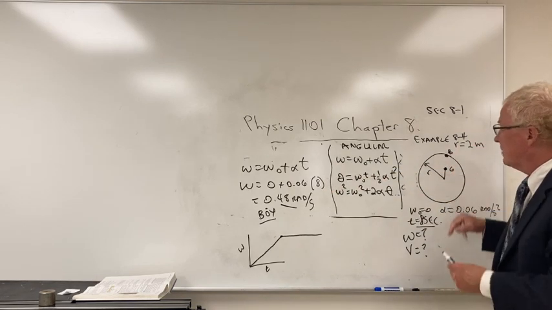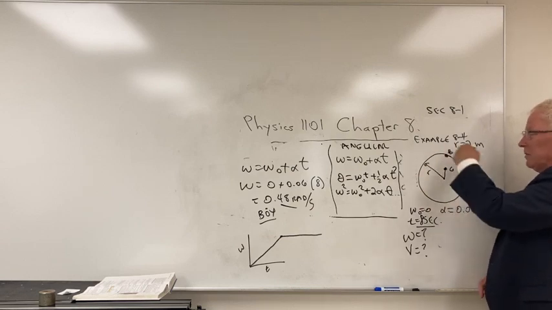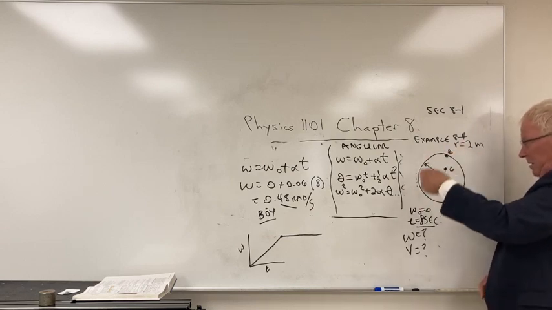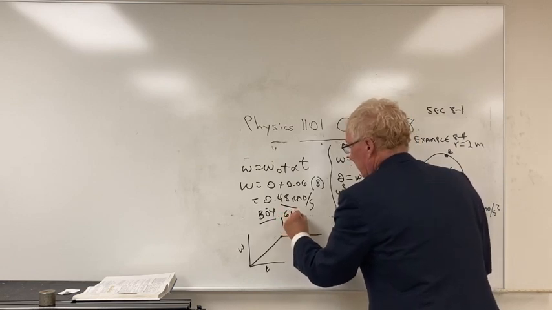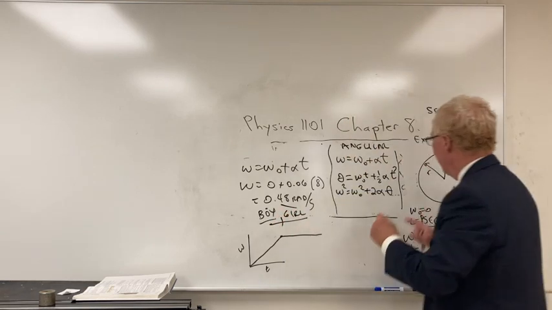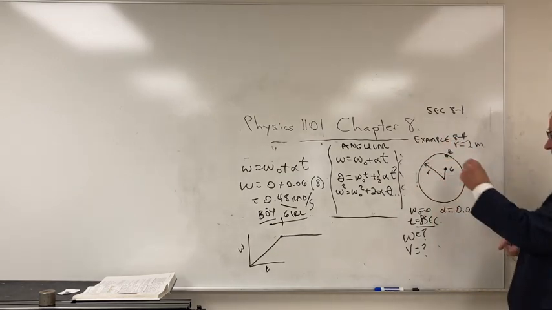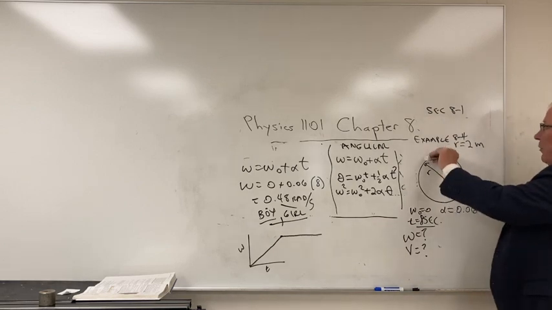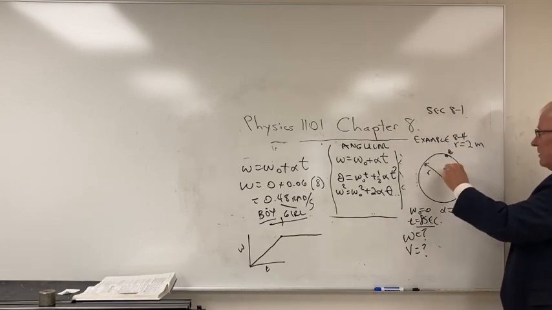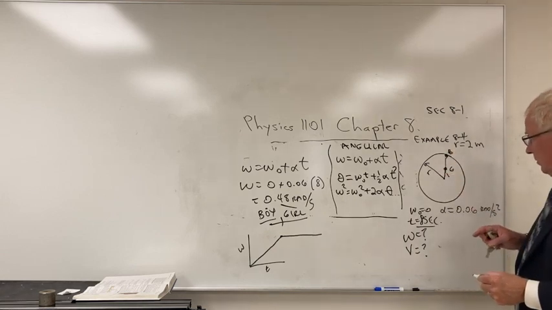This is only how fast it's rotating in degrees or radians. And it turns out this is the same for both the boy and the girl. They're both rotating together. So the answer is the same regardless of where you are on there, whether you're at 1 meter out or 2 meters out.